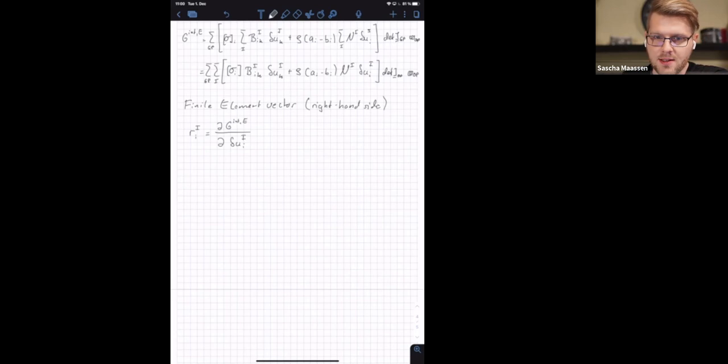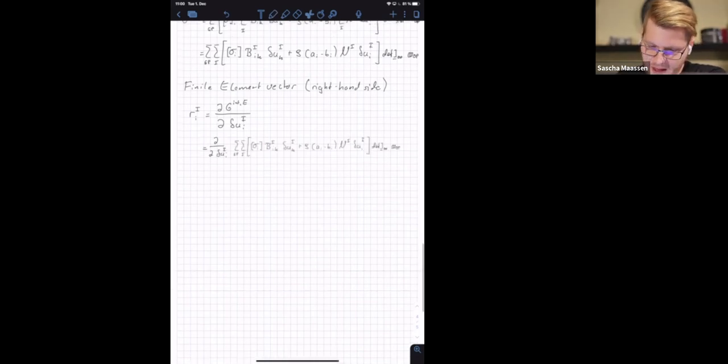Okay, hope I can squeeze this formula in here enough. I think that should do.